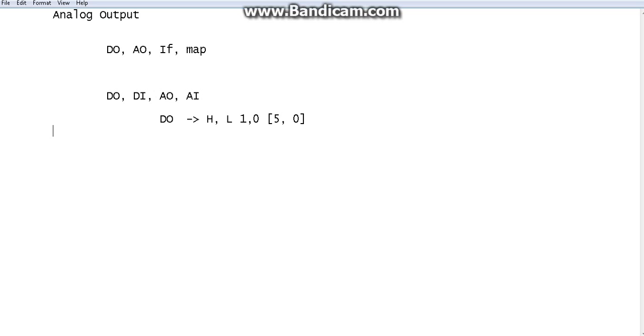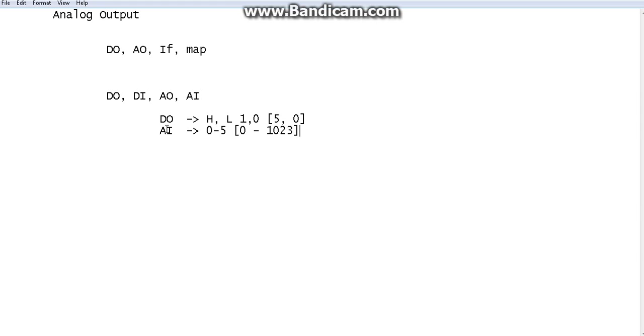Okay, we know about analog inputs, right? We can have different values from 0 to 1023. Yeah, that's true, analog values. Or in other words we can have inputs from 0 to 5 voltage, so that is converted into 0 to 1023 units. This is fine.